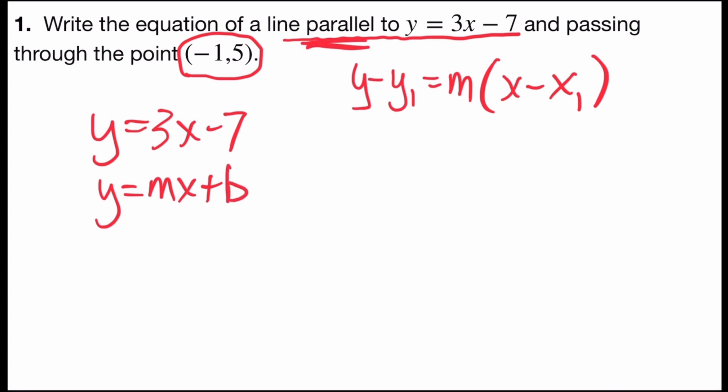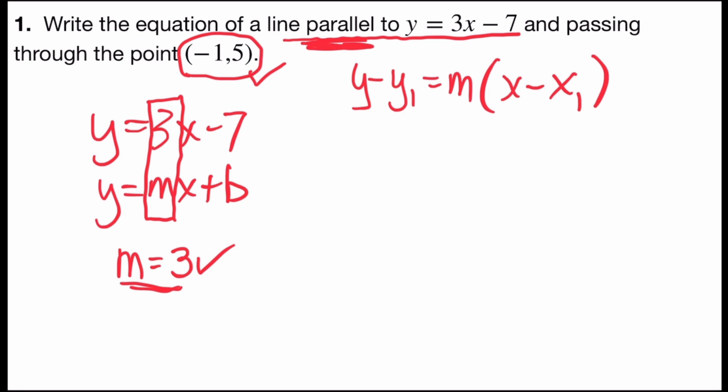All parallel lines have the same slope, but different y-intercepts. So I know that the slope of the line given is 3, and any line parallel to that is also 3. So I'm going to use the point -1, 5 and a slope of 3 in my point slope form.